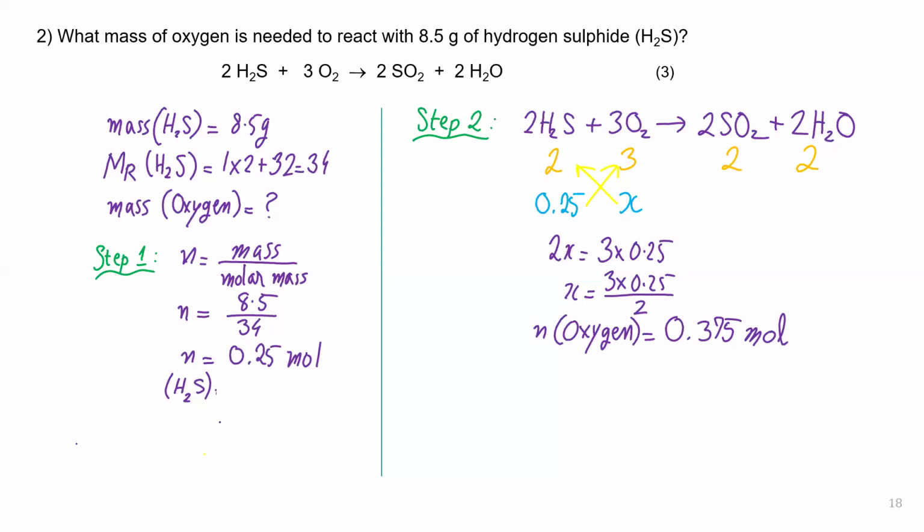And now mass. Mass is equal to number of moles into MR. Mass is equal to 0.375 into.